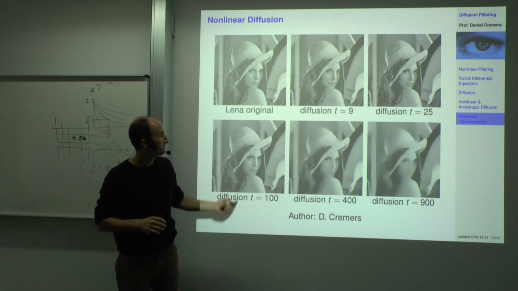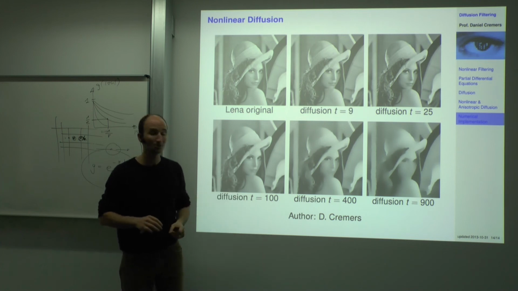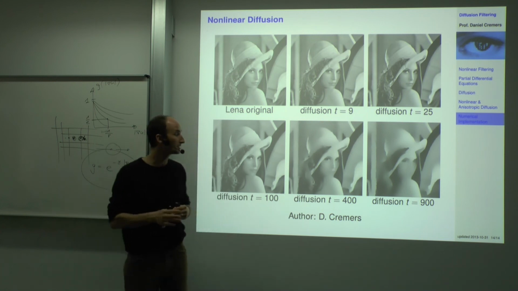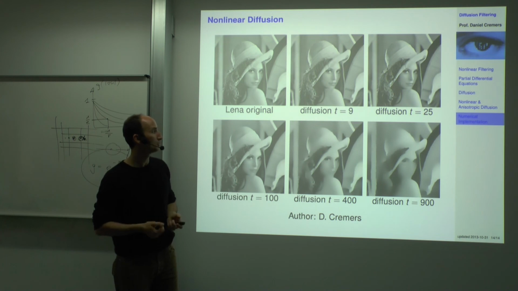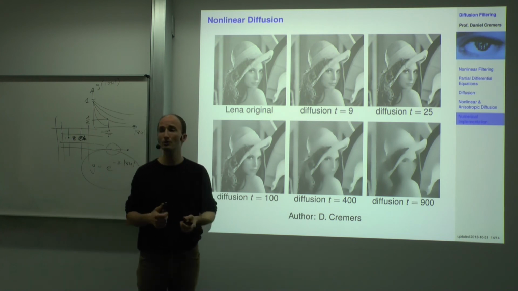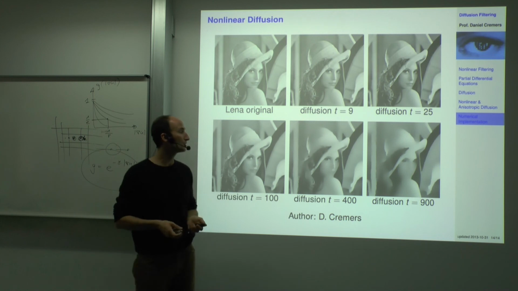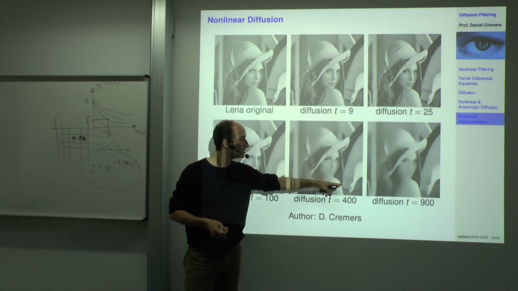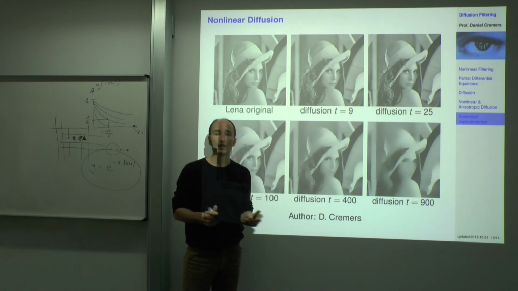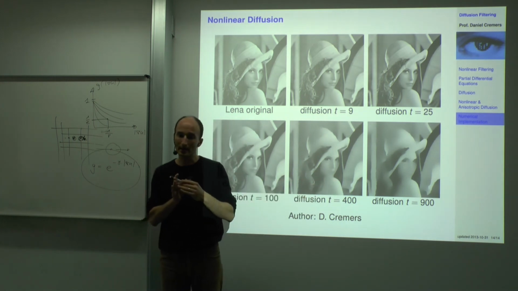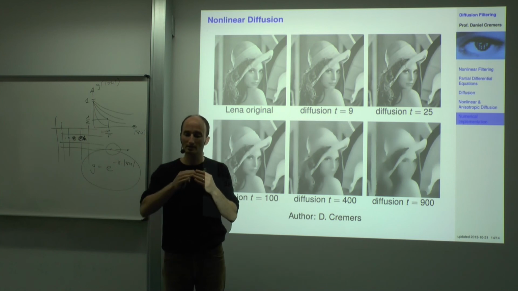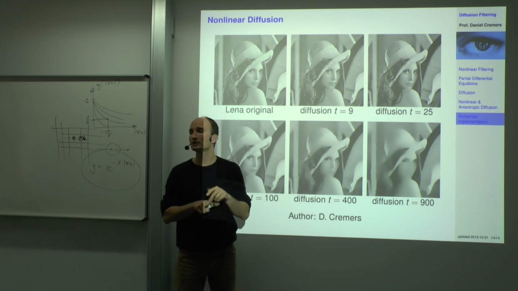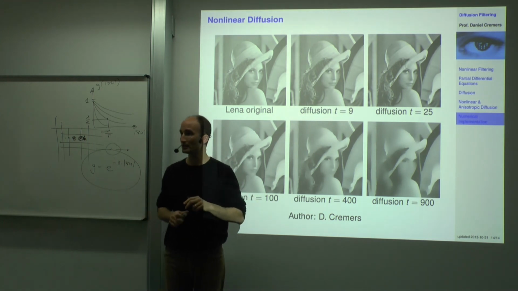As I said, this is a nonlinear diffusion process, but it's isotropic, so it's the same in all spatial directions, but there are more sophisticated anisotropic diffusion processes where you can construct a matrix valued diffusivity in such a way that it creates a diffusion and smoothing process along the edge direction, but not orthogonal to the edge direction.